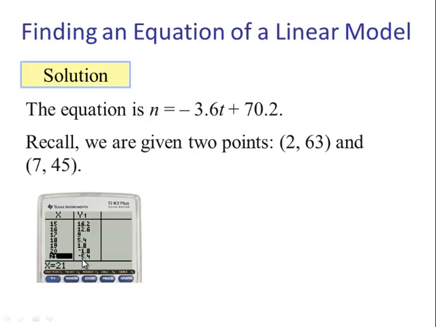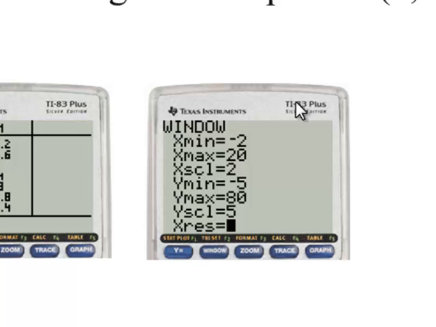As far as the y values for the window setting, we are given 45, 63, and the y-intercept is 70.2. It'll be a good idea to let the maximum y be a little bit larger than this, and let the minimum be a little bit less than 0 so we can see the axis. So these are the values I choose.